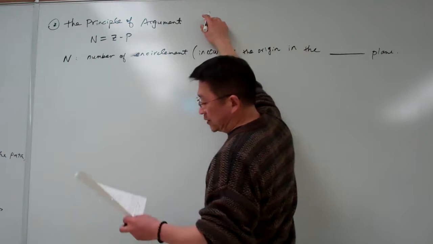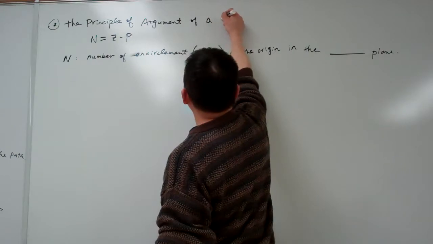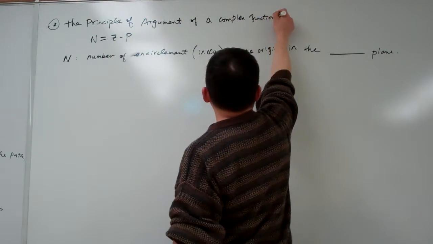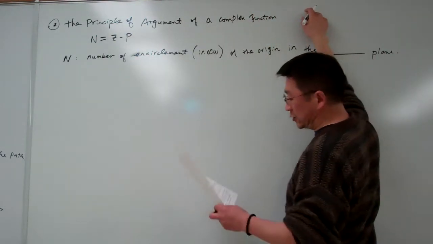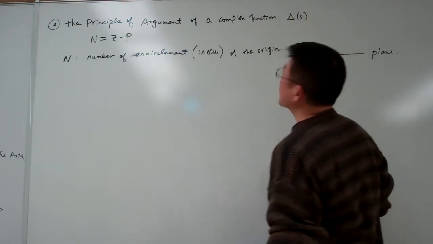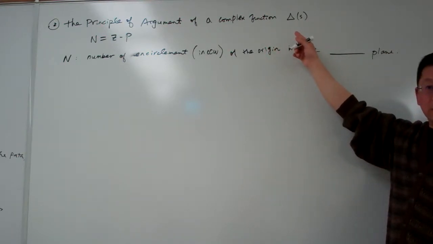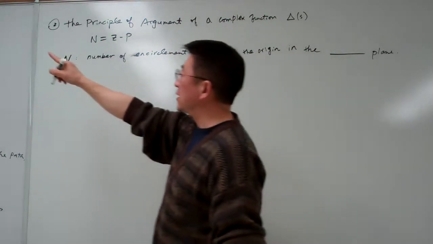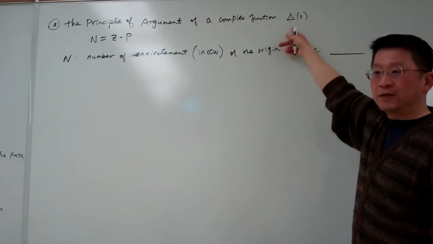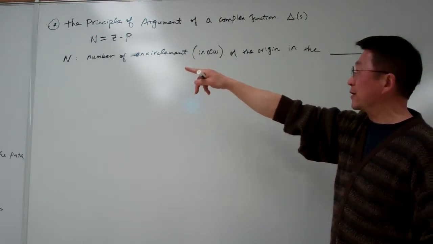The principle of the argument applies to a certain complex function. The complex function can be anything. In general, let me just give it a name. These complex functions can be anything, including our characteristic equations. When we apply it to Nyquist stability, you simply pick the function as the characteristic equation. So you can see that one is a special application of this one.